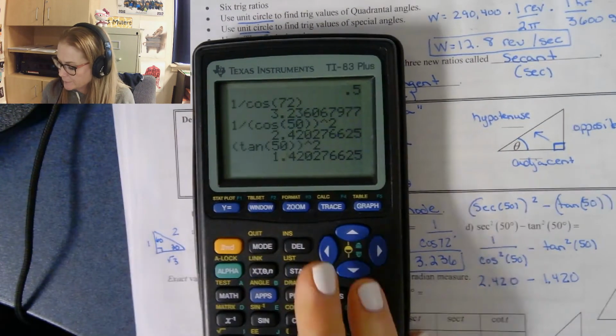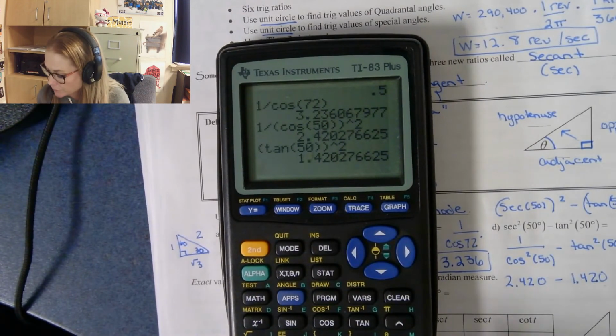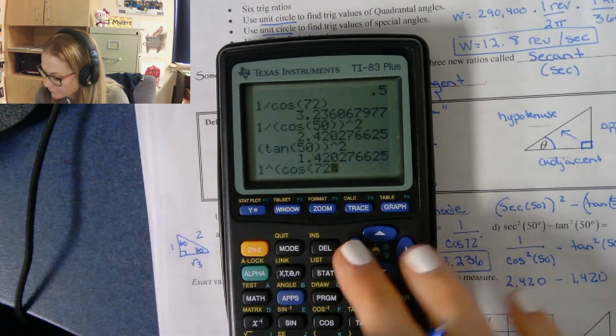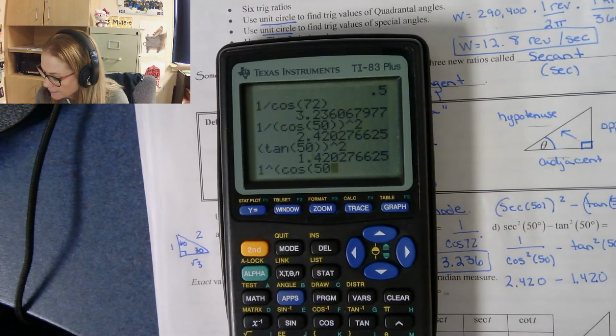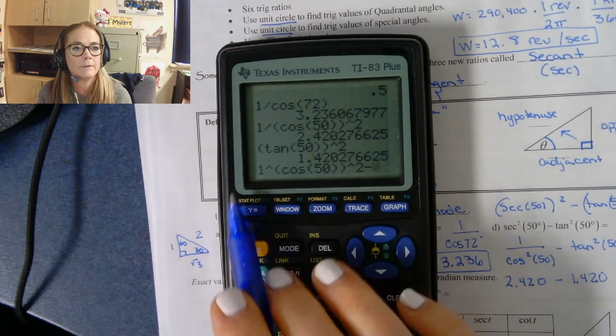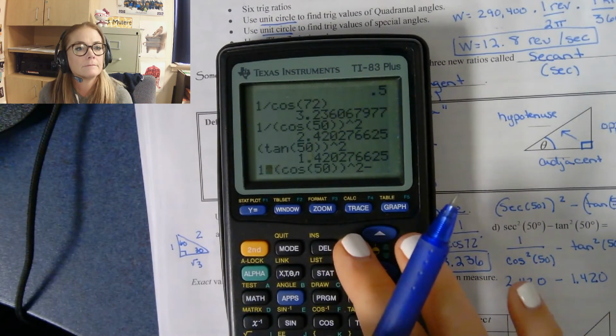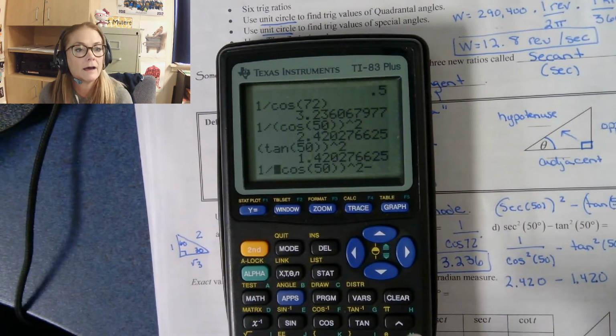And I would probably do this if I were doing this problem on a test or something. I would just do 1 divided by parentheses cosine 50, close that parenthesis, squared, minus. Now the calculator knows to pop up. It knows that we're done. Let's divide. There we go.